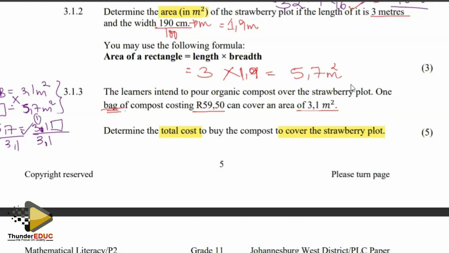This is 1 mark because you divide. So 5.7 divided by 3.1, you end up having your answer as 1.8387.